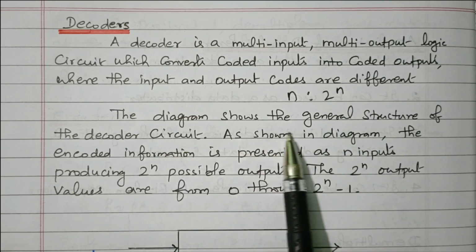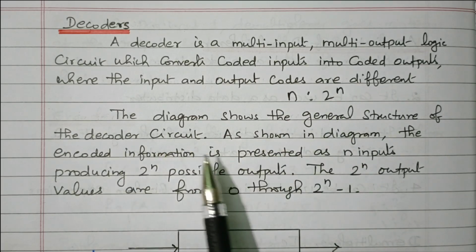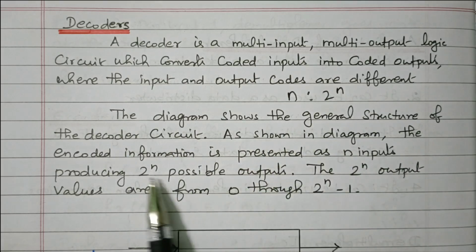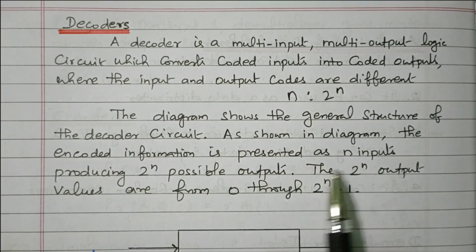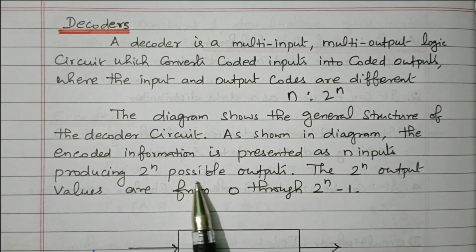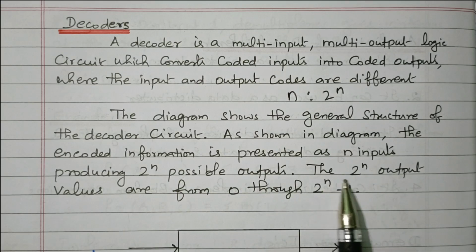The diagram shows the general structure of the decoder circuit. As shown in the diagram, the encoded information is presented as n inputs, producing 2 to the power n possible outputs. The 2 to the power n output values range from 0 through 2 to the power n minus 1.